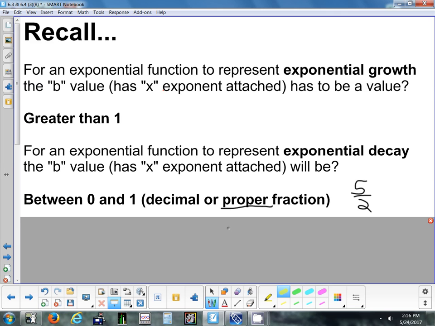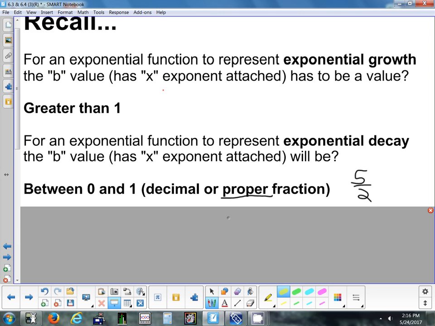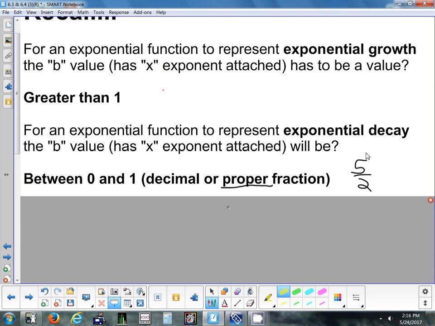It'd be 2.5 for that one. So you've got to make sure that's a proper fraction, the number on the top smaller than the one on the bottom. So that's one little way to decide, looking at the chart, if it's going to be exponential growth or exponential decay. All right?